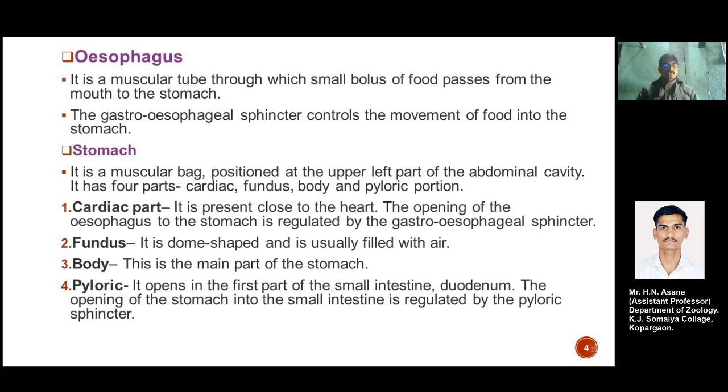It facilitates the transport of nutrients absorbed by the mucosa. Then comes the muscularis mucosae, the next layer after the lamina propria.